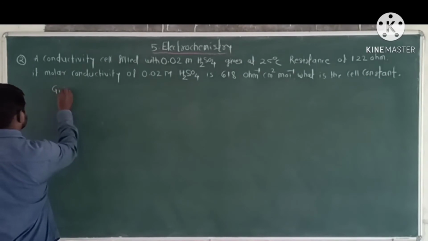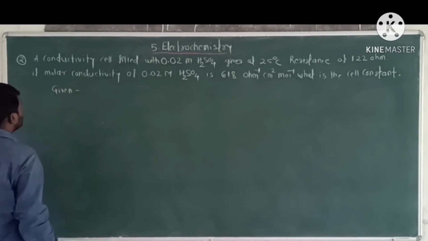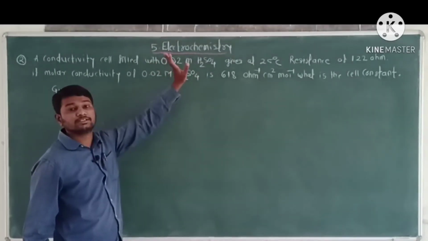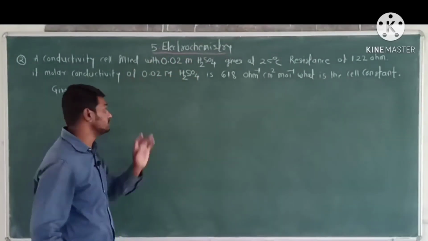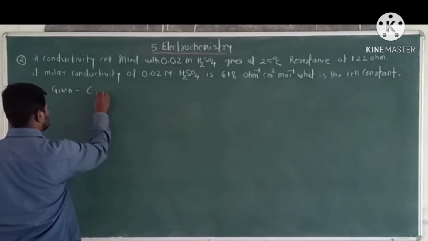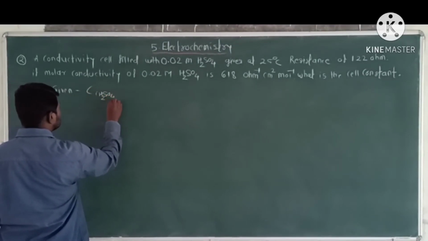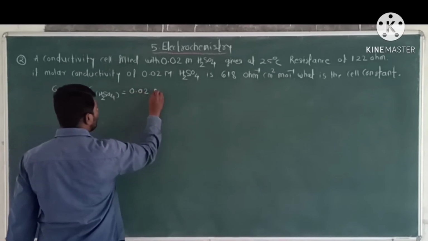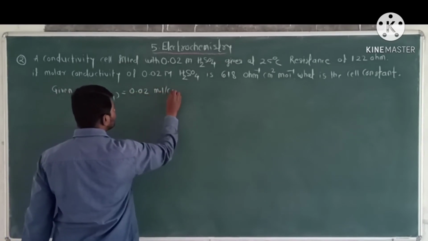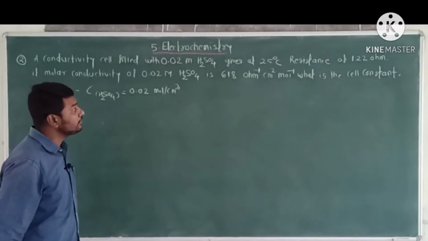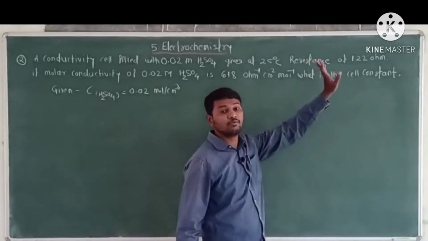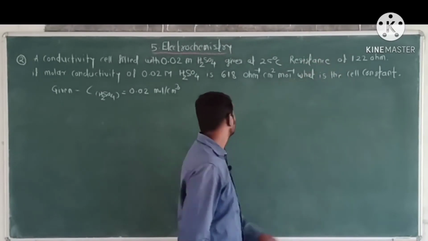Now first of all, write down the given quantities. Given: a conductivity cell filled with 0.02 molar sulfuric acid, that is the concentration of sulfuric acid is 0.02 mole per centimeter cube. Okay. It gives at 25 degree Celsius a resistance of 122 ohm.